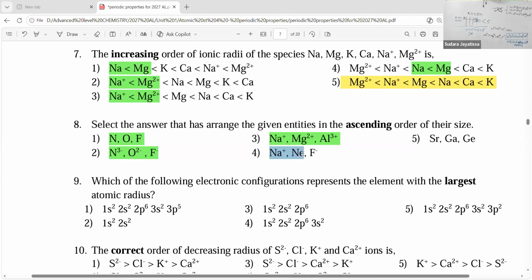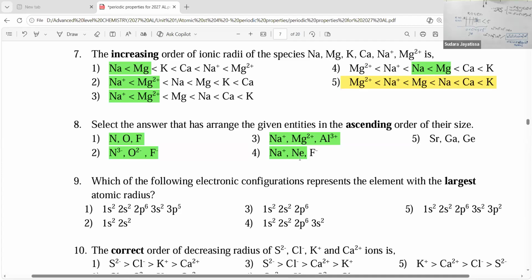According to our special point, this is a term-based question or model question. In those questions, they are expecting that. Okay, so write the correct order: neon, sodium plus, and F minus. That is also wrong. Then the fifth one should be correct. Let's check.